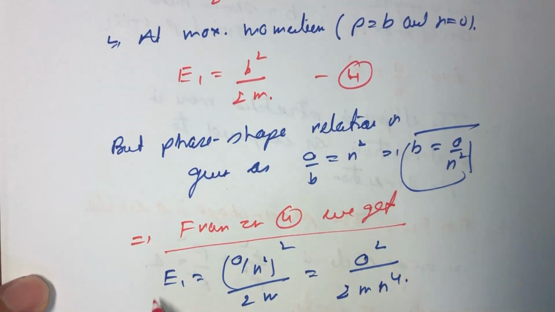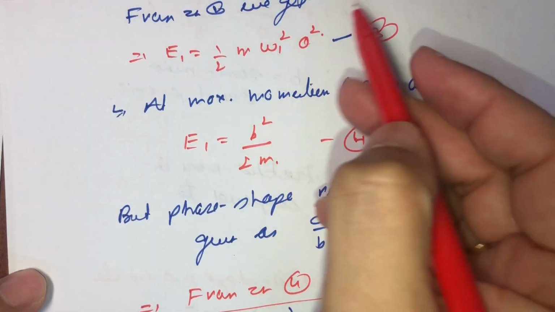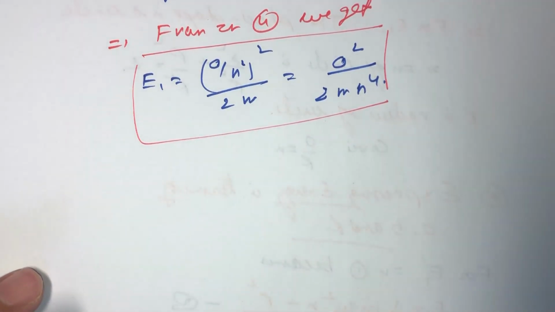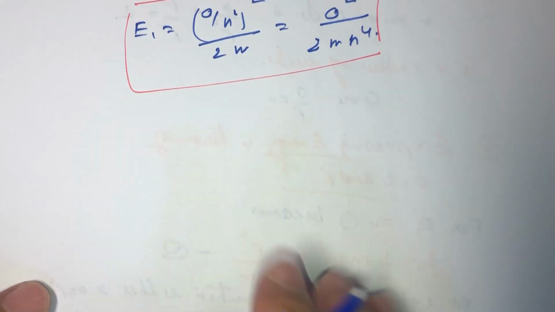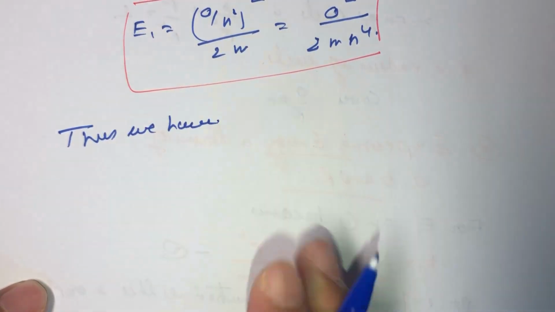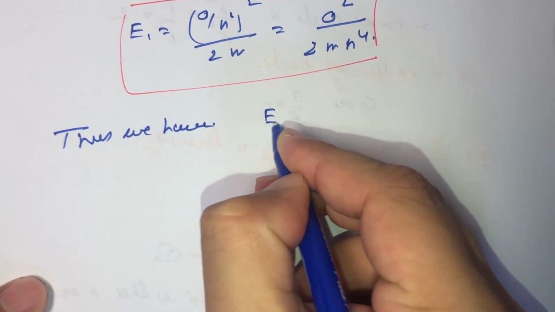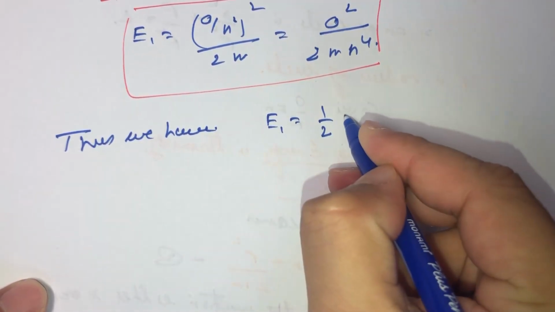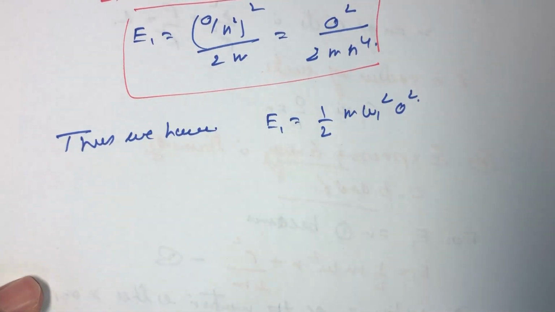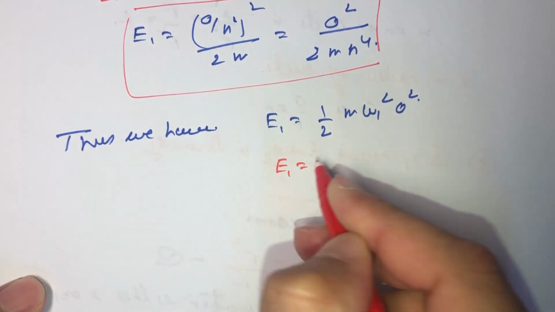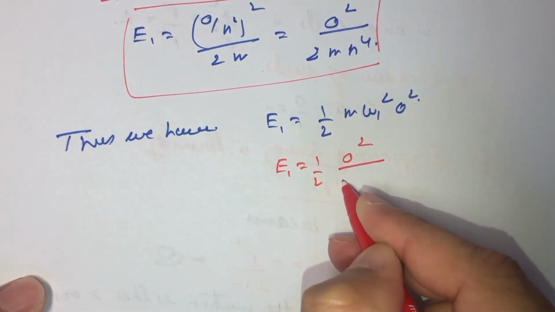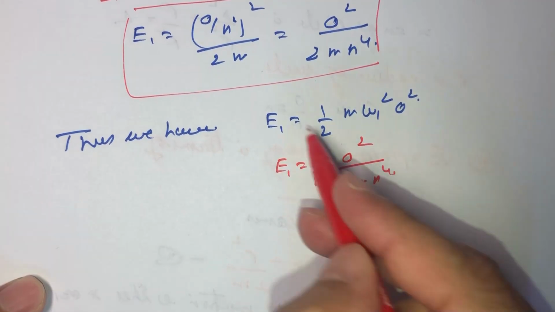So we have now two equations for E1. This is our one equation and this is our another equation. So let me write it here. Thus we have E1 is equal to half m omega 1 square a square, and E1 is equal to a square upon 2m n to the power 4.